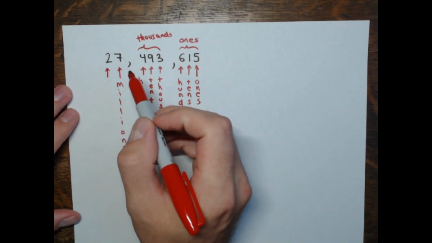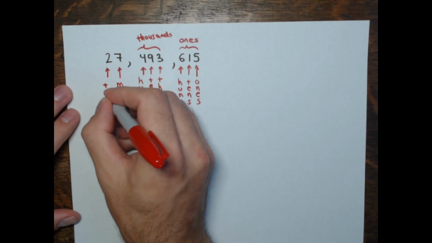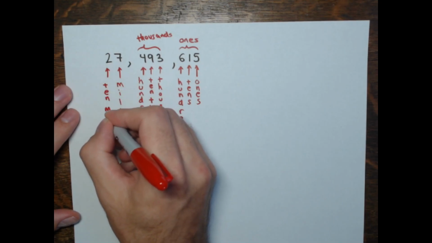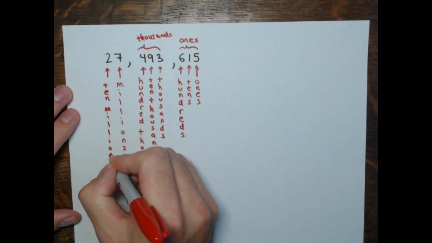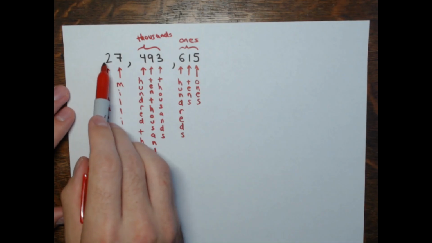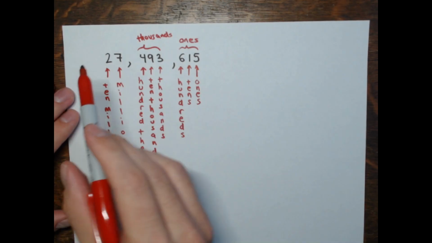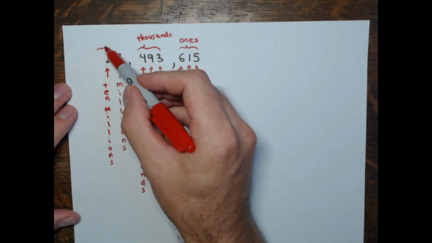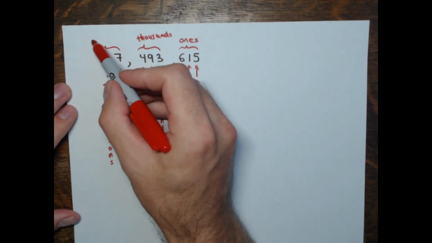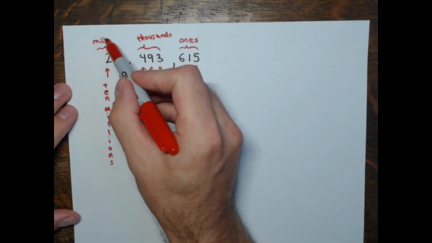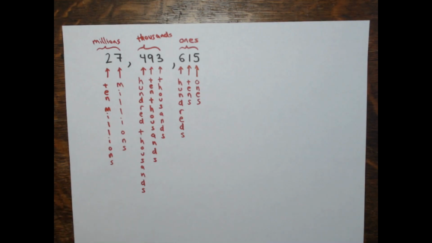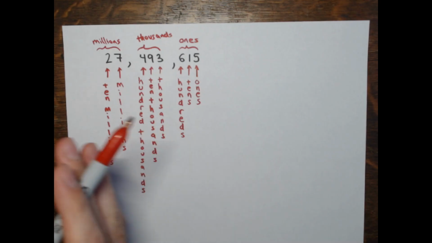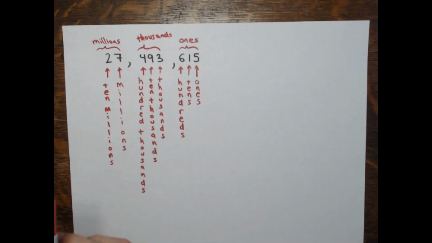So 2 here is in the 10 millions place. All right, and then you'd have 100 millions, but there's nothing there. And that's it. These digits here are in the millions period. And again, then you have the billions, trillions, quadrillions, quintillions, sextillions, and so on. They get larger and larger as you go from right to left.